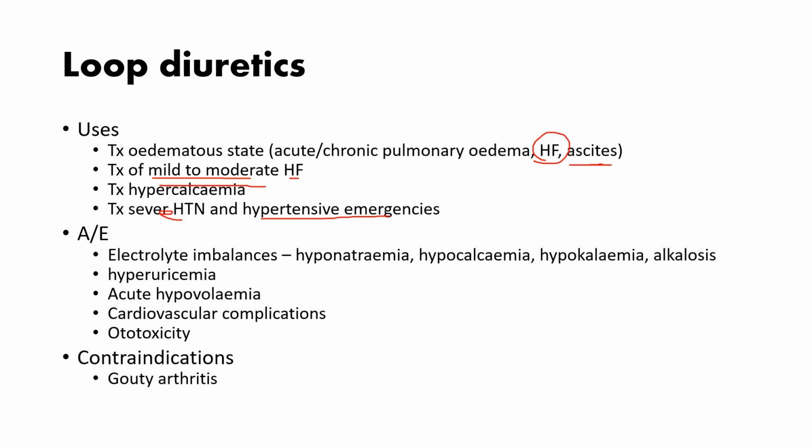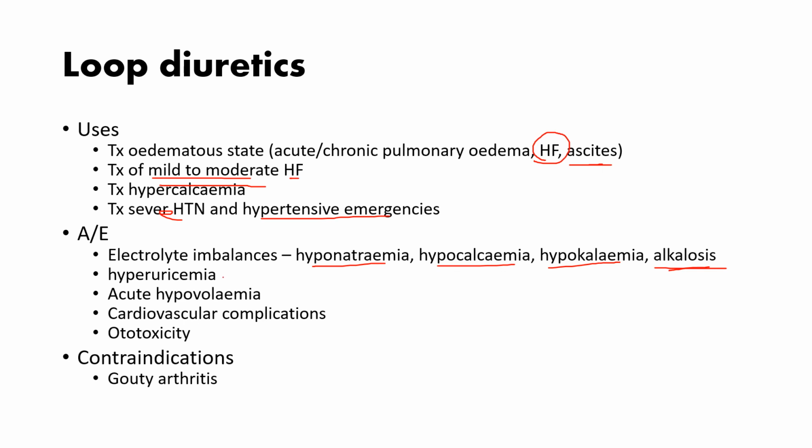Right, so adverse effects, electrolyte imbalances, as we've seen in the previous slide, we create hyponatremia, that's a decrease in sodium, hypocalcemia, decrease in calcium, hypokalemia, decrease in potassium, and alkalosis due to decrease in protons. We also create hyperuricemia.